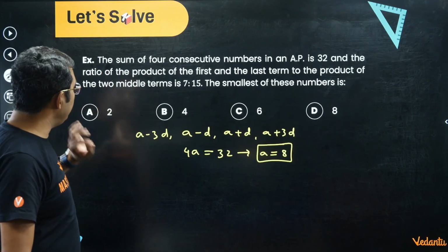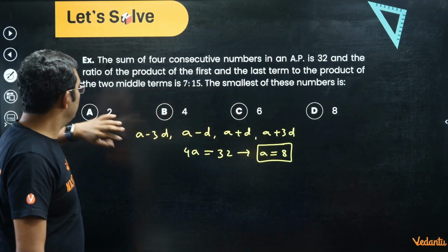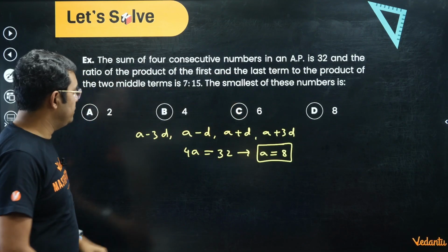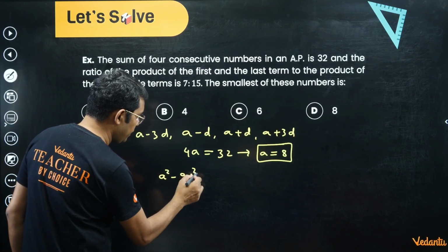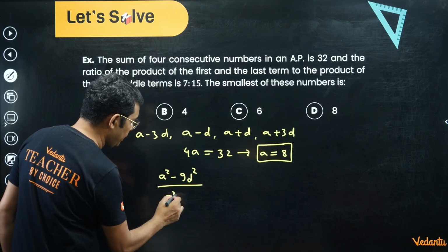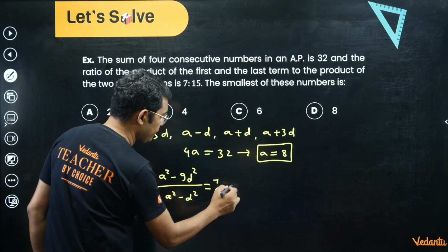To find D, they have given the ratio of the product of first with last to the product of two middle terms. That means it will be A square minus 9D square upon A square minus D square, and that is equal to 7 upon 50.